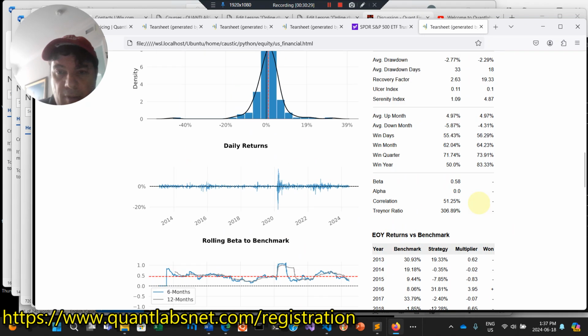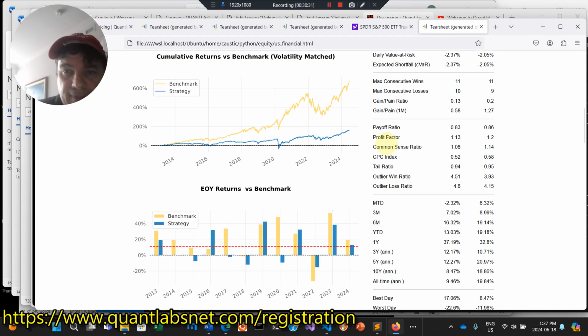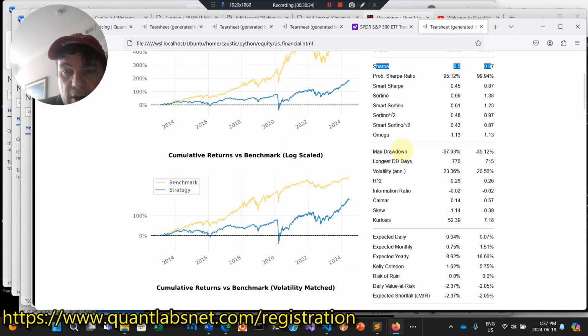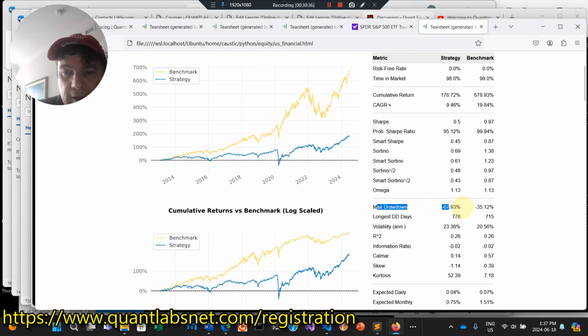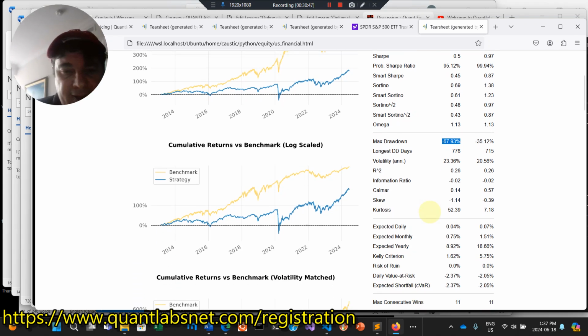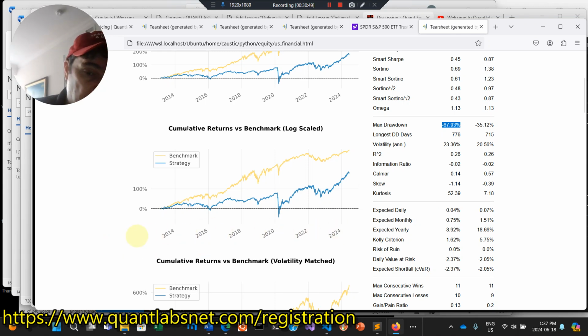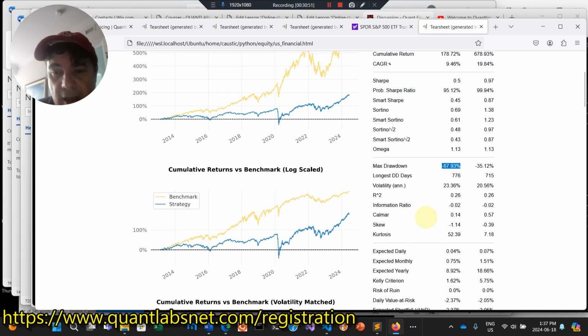Also, going back to the downside, the importance of that is right here. Ooh, that's a surprise. But this is how extreme the markets are right now because of the national debt. But the max drawdown shouldn't be more than 15% overall the last year, overall since 2014 in this case.